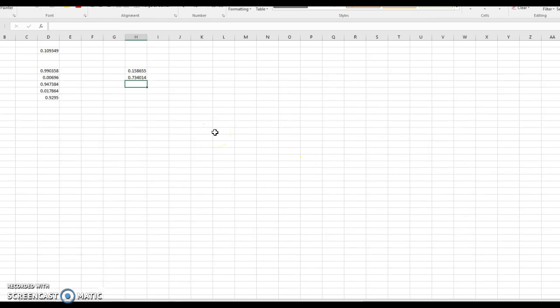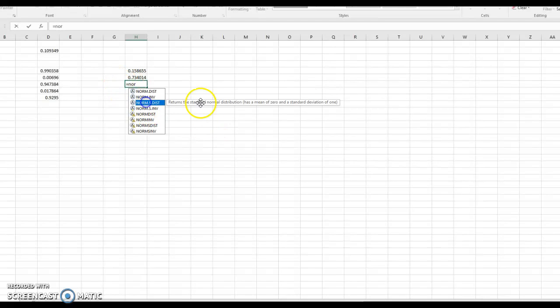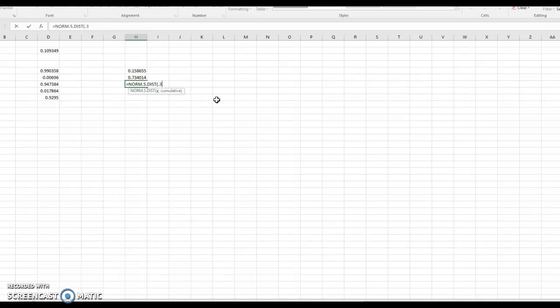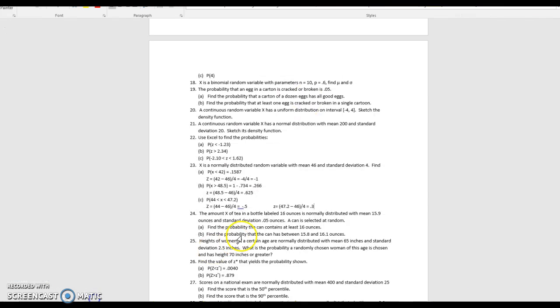All right, so equal norm.s.dist. And I'll look up the 0.3 first because I know that's going to be the bigger probability. That's 0.6179. So this will be 0.6179. And we'll subtract off what we get for the negative 0.5.